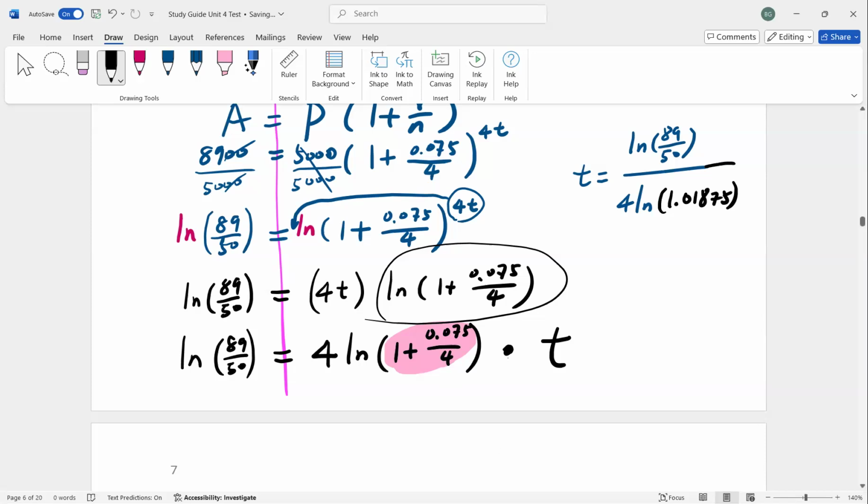We should actually evaluate that part, otherwise it's just a very long thing. Where's my calculator? Right here. 1.01875. Okay, very good. And that is the t, right? That's the t. We're going to enter that into the calculator.